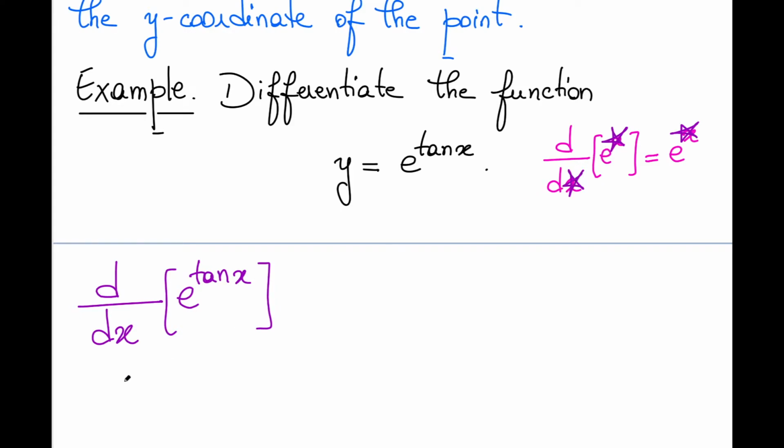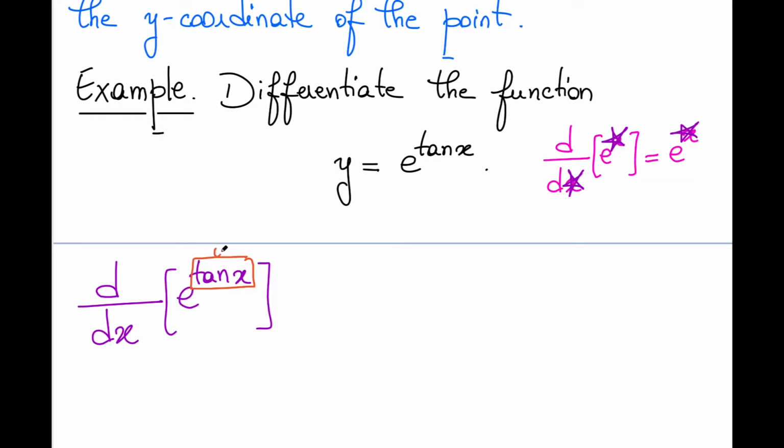Over here, the star is x, but that guy is not the star anymore. It's tangent x. So we don't have this format. If we had this format, then I could apply it, but I don't. However, here I have a function of x. I hope this brings back some memory: chain rule. We're going to use the chain rule. So what I have is a function of x here.